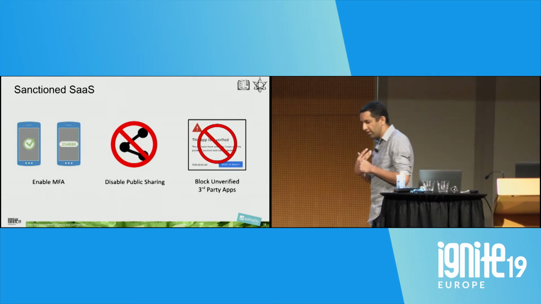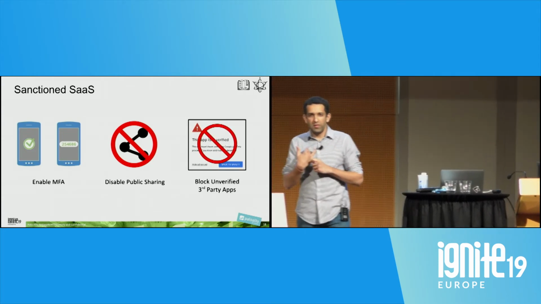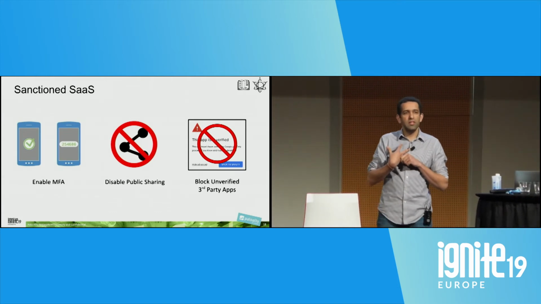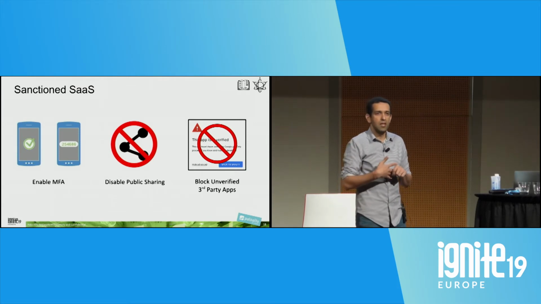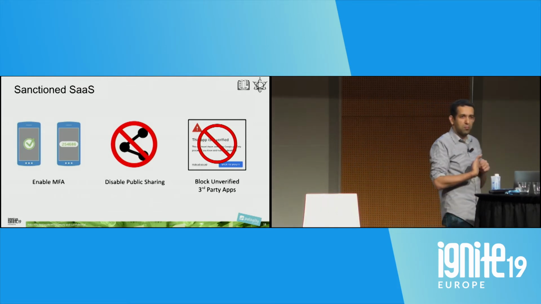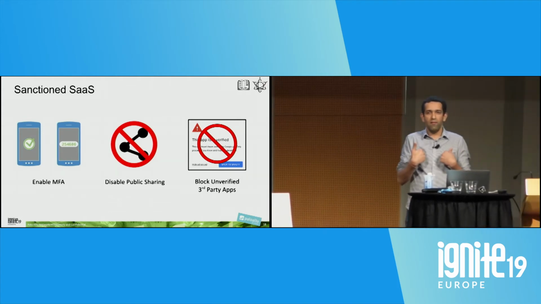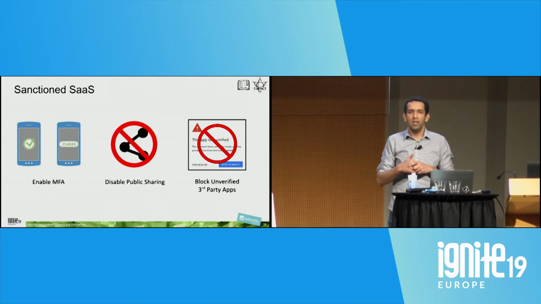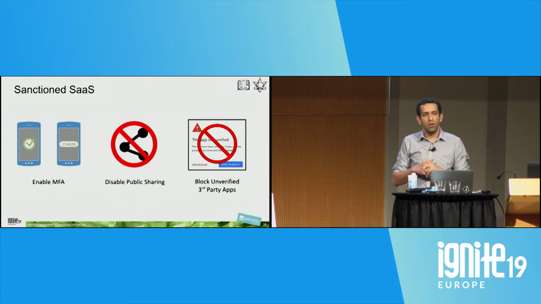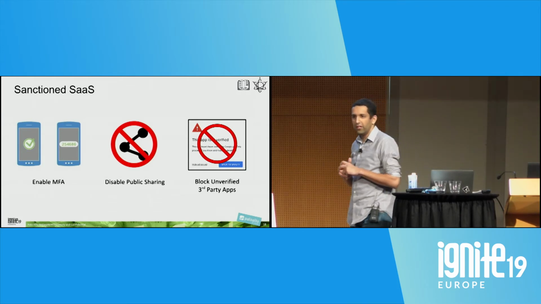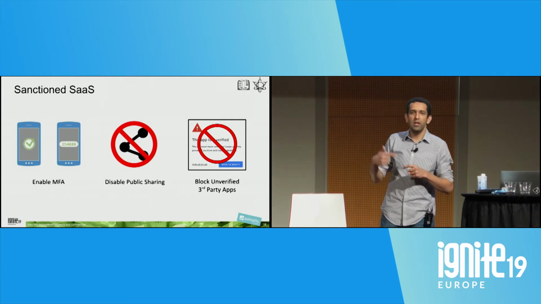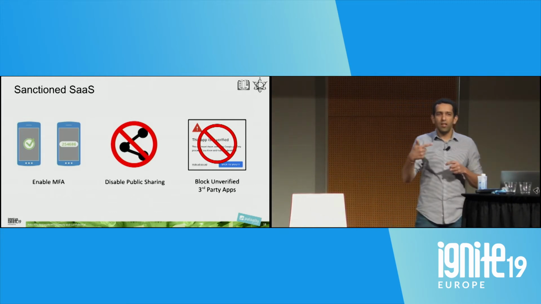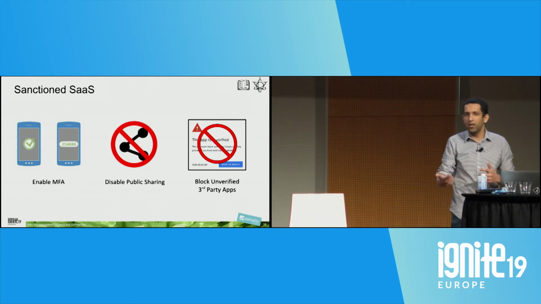The third piece here is Office 365, G Suite. Both of these have very large developer marketplaces, and so does Salesforce, and there are all these different SaaS apps. They all have these developer marketplaces. I, as a rogue developer, could put up any app out there which could probably be harvesting data. So you want to be careful about what developers you allow or what apps you allow in those third-party marketplaces. And the way for you to control this can be done in multiple ways.